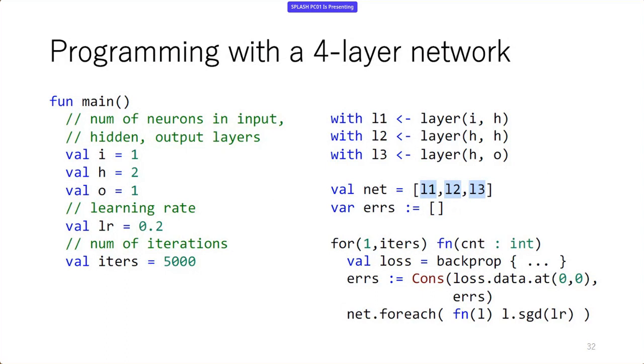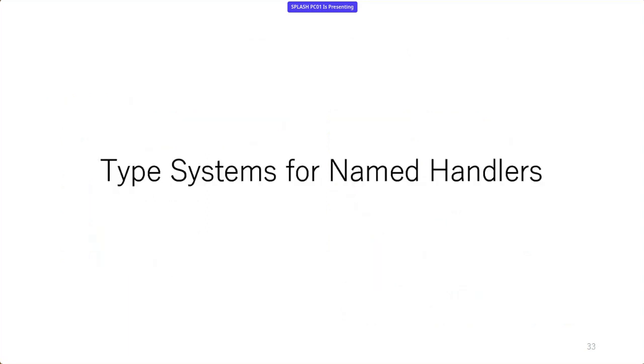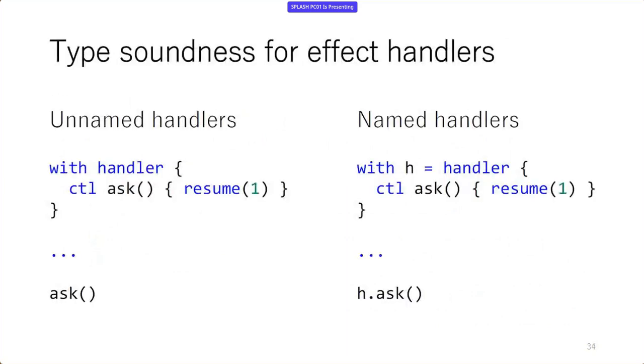Okay, so we've seen how named handlers are useful in practice. We next look at how we can design a sound type system for named handlers. In a language with effect handlers, type soundness relies on effect safety.